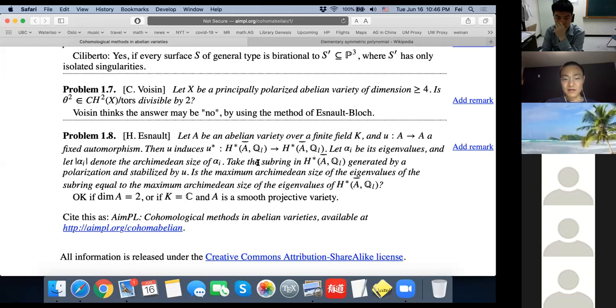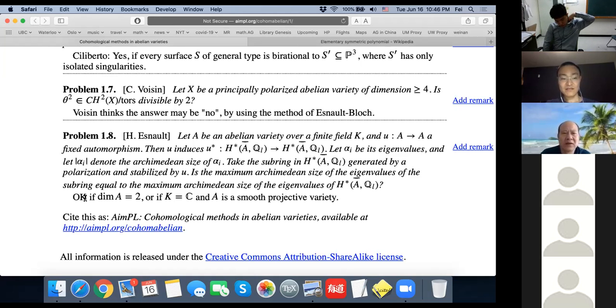Then take a subring in this H star, the total cohomology ring, generated by a polarization and stabilized by U. This is the same as their theorem in the surface case: you choose an ample divisor HX, then consider the subring generated by this ample divisor, stabilized by U. So we have U to the n of HX, HX squared, and HX to the n in H star. Then for this subring, the maximum Archimedean size of its eigenvalues equals the maximum Archimedean size of the eigenvalues of the total cohomology ring.